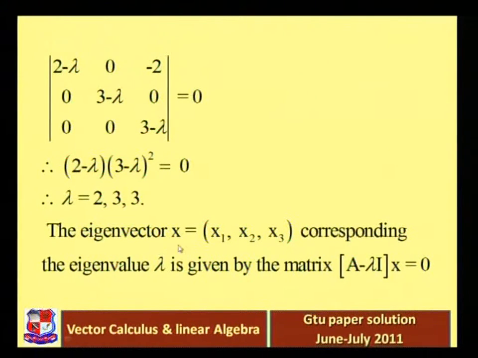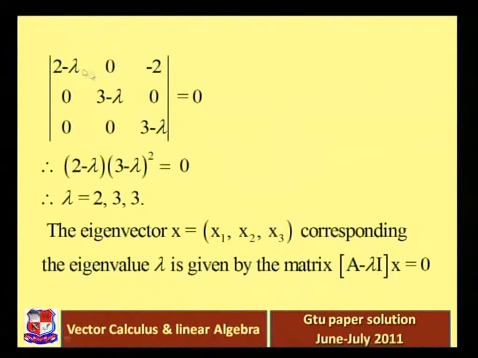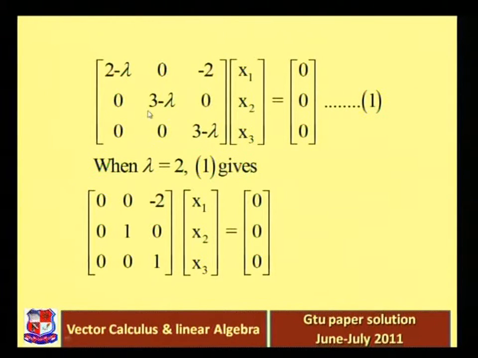The eigenvector x equal to x1, x2, x3, corresponding to the eigenvalue lambda, is given by the matrix equation A minus lambda I into x is equal to 0. So 2 minus lambda, 0, minus 2, and so on, the same matrix, into x1, x2, x3, is equal to 0, 0, 0.